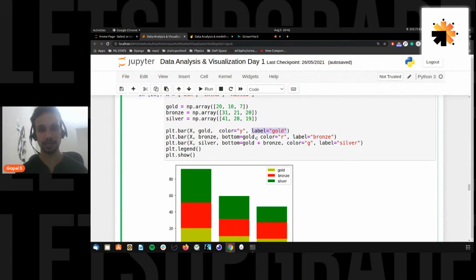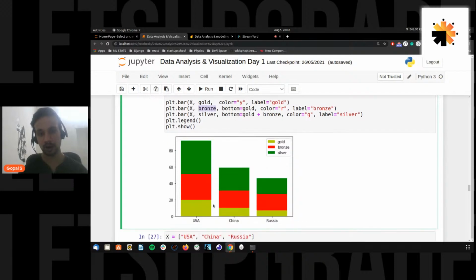So I am putting bottom as gold, and I want to plot the bar graph as a stack for the bronze here. For the bronze, it will use the bottom as gold, and the same goes for silver. It will use bottom as gold plus bronze, and we will plot it as the bar for silver. I hope I have made myself clear here.